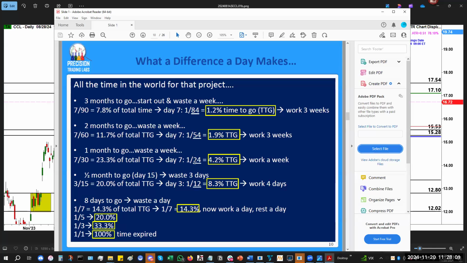Now notice if you go out another 30 days, all of a sudden the value of that one day in terms of how much time you have left is over 4%. Now you go out another 12 days, and now one day represents 8%. Then you can go all the way down to expiration, and as you get closer and closer to expiration, each day is worth more and more proportionally of how much time you have left.